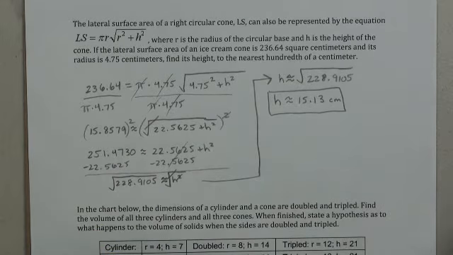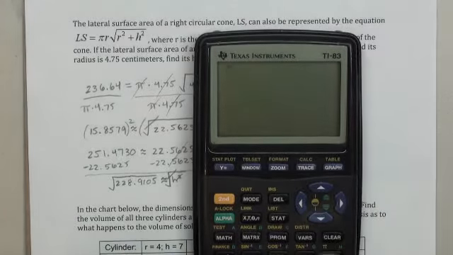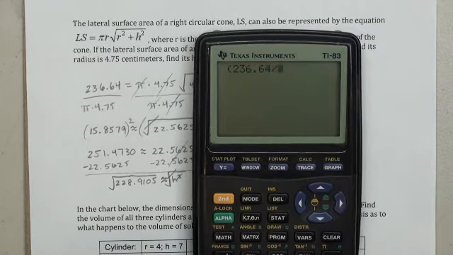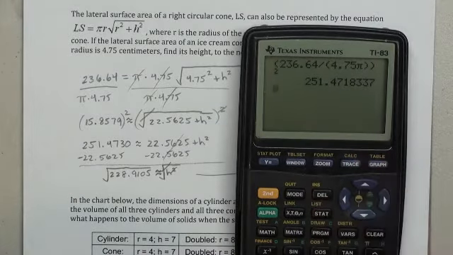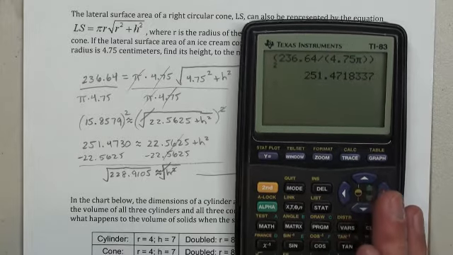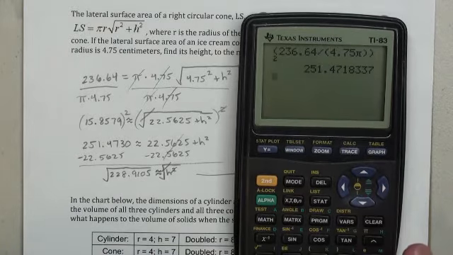Let me just check something real quick. 236.64 divided by 4.75 pi, squared, then subtract 22.5625.